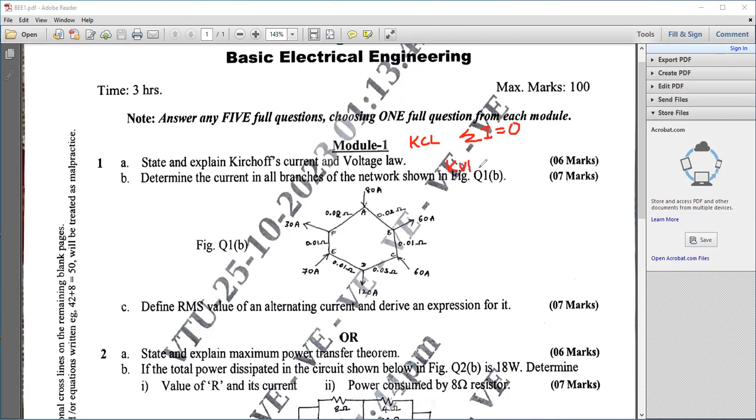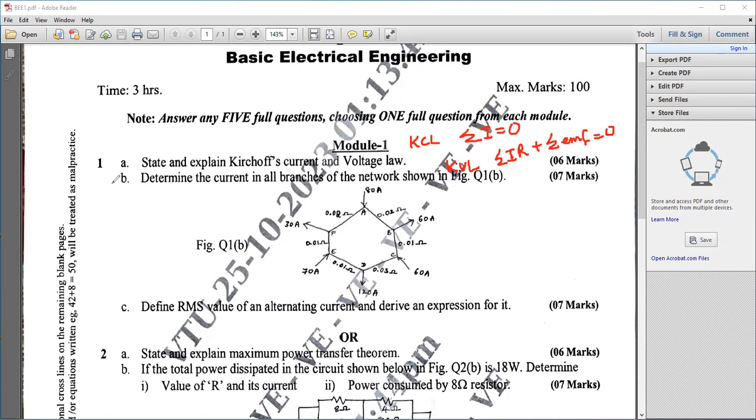For KVL, you need to mention the equation: for a closed loop, the sum of voltage drops and the EMF is equal to 0. It's applicable only for a closed loop.